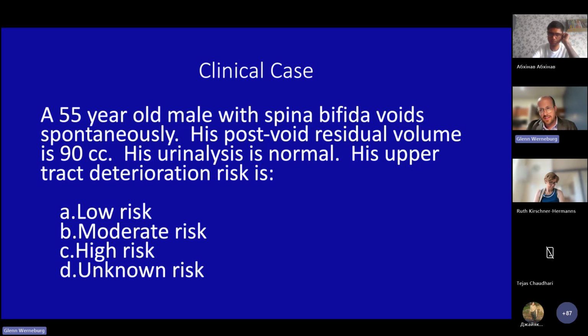He's got spina bifida, so this is a suprasacral lesion. Even though everything else is very reassuring, because his injury is the suprasacral spinal cord, and we don't have imaging of his upper tracts, and we don't have urodynamics to understand his bladder physiology, he's still unknown risk. But your points are well taken. Let's get some additional information and go from there.